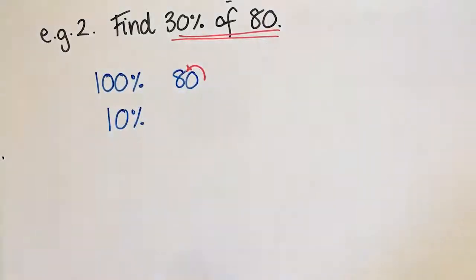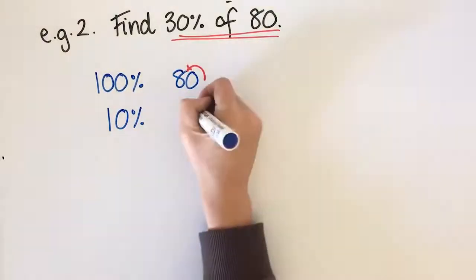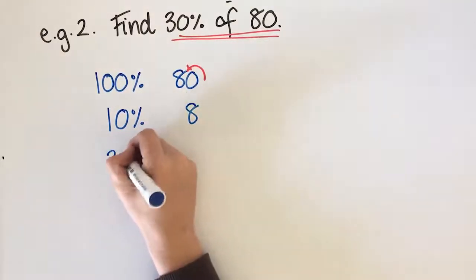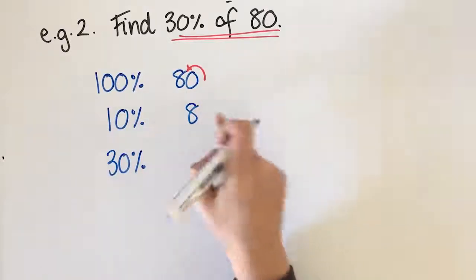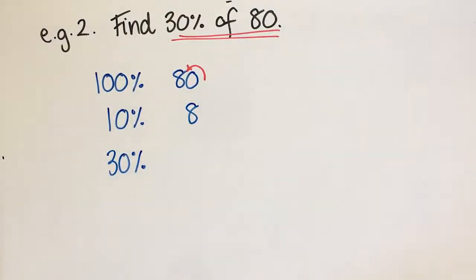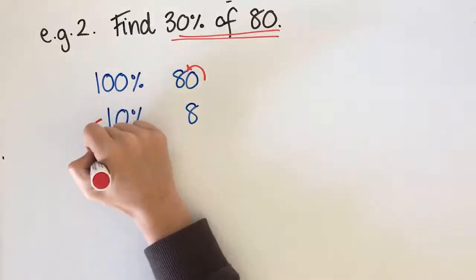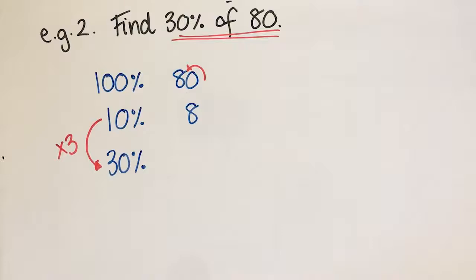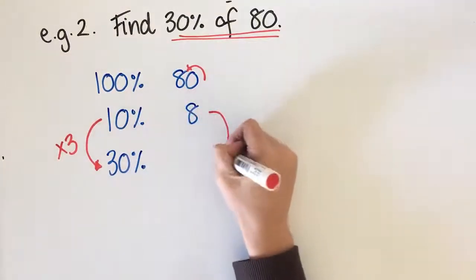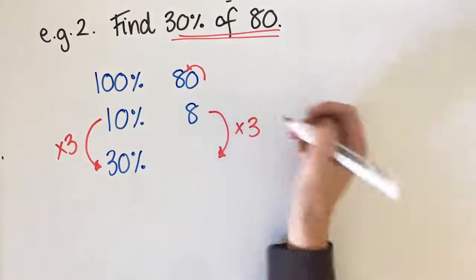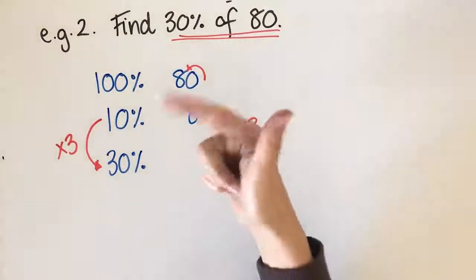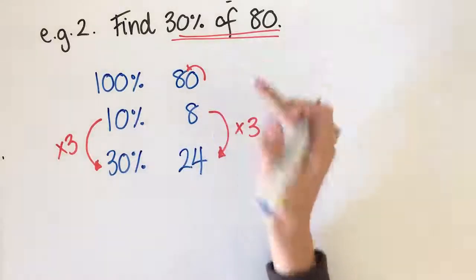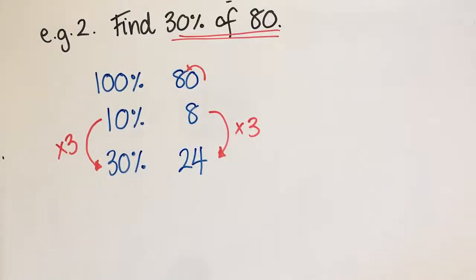So if 10% is 8, then I know that 30% is going to be 3 lots of 8, because going from 10 to 30%, it's 3 lots of 10%. Okay, so then I need to know 3 lots of 8. So 8, 16, 24. So 30% of 80 is going to be 24.